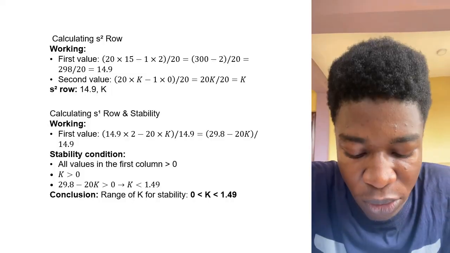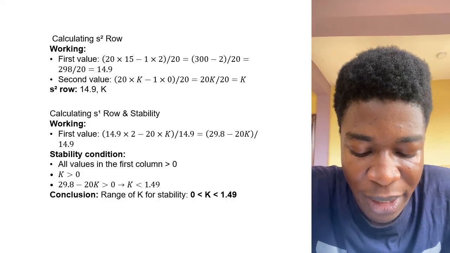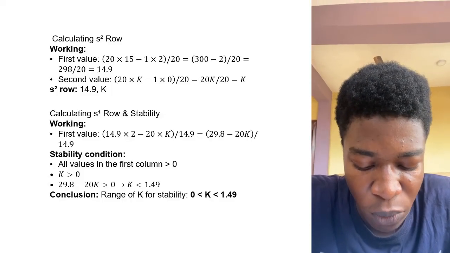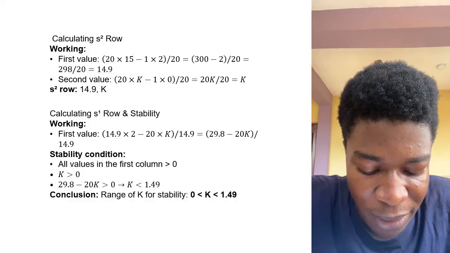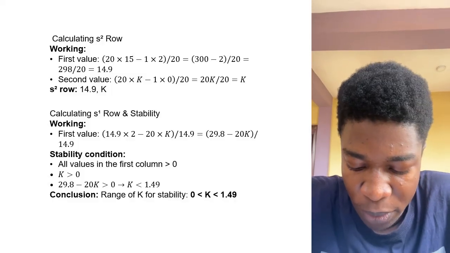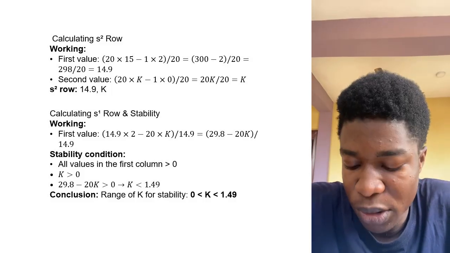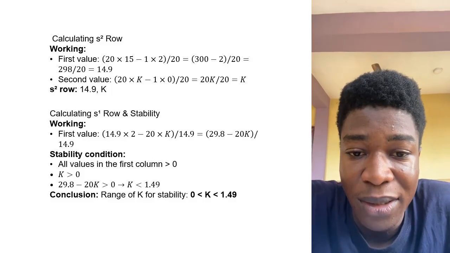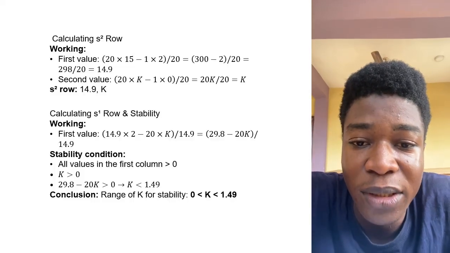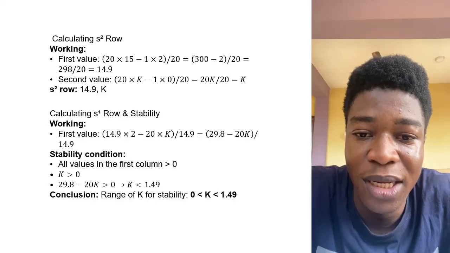So the s^2 row is 14.9 and k. We use the same determinant method for s^1. We get 14.9 times 2 minus 20 times k, over 14.9. So the s^1 row is 29.8 minus 20k over 14.9. Then the s^0 row is just the constant, which is k.